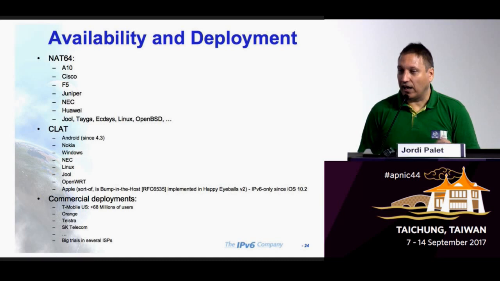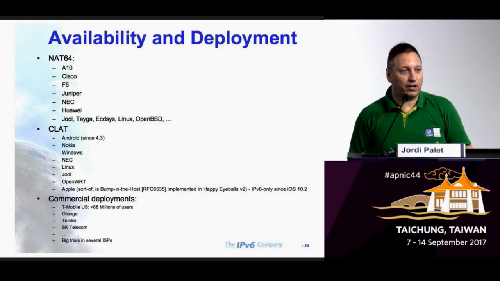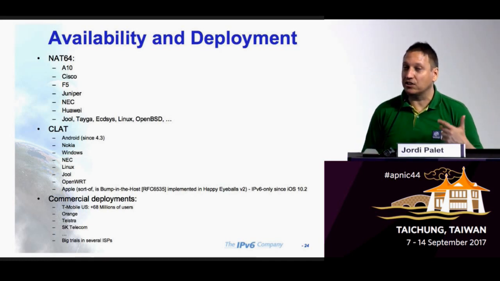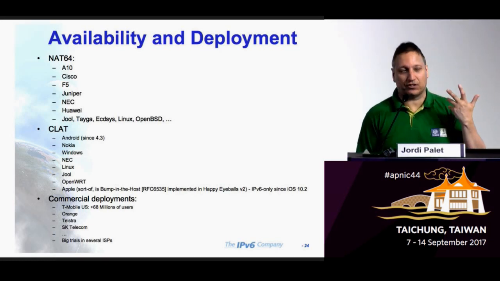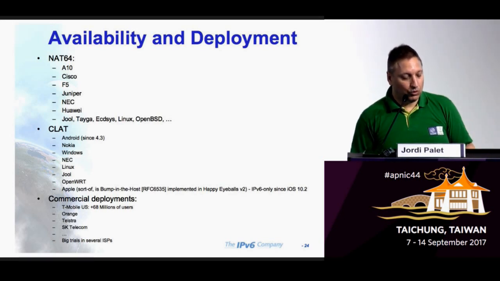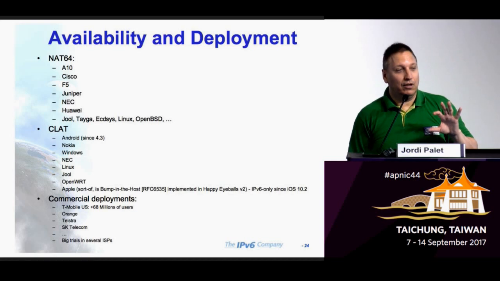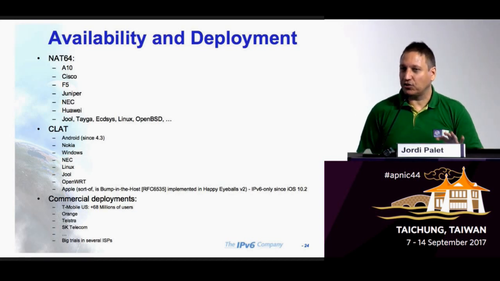Then we have CLAT. The CLAT, as I mentioned, is supported in Nokia, in Windows, in Android since version 4.3, so that's several years ago. NEC, Linux, Jool, OpenWRT, because as I mentioned, this presentation is basically for cellular, but the 464XLAT works also in residential networks, okay?